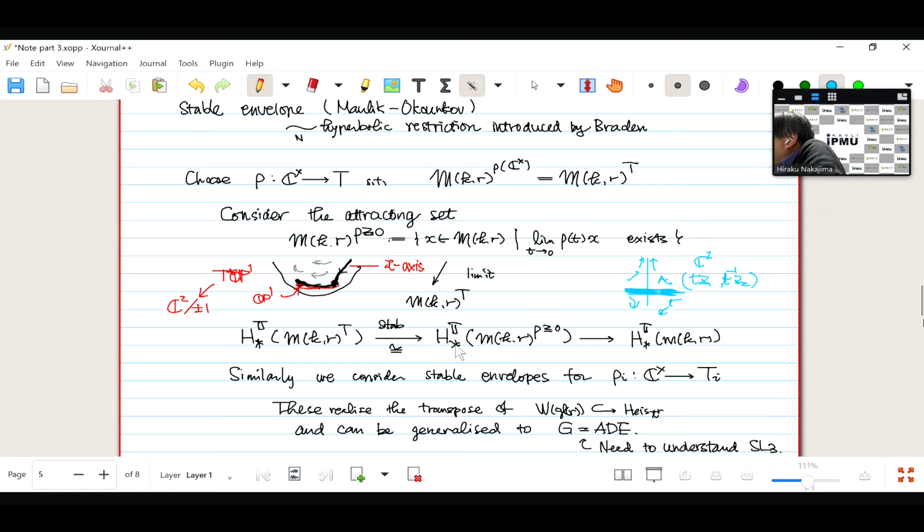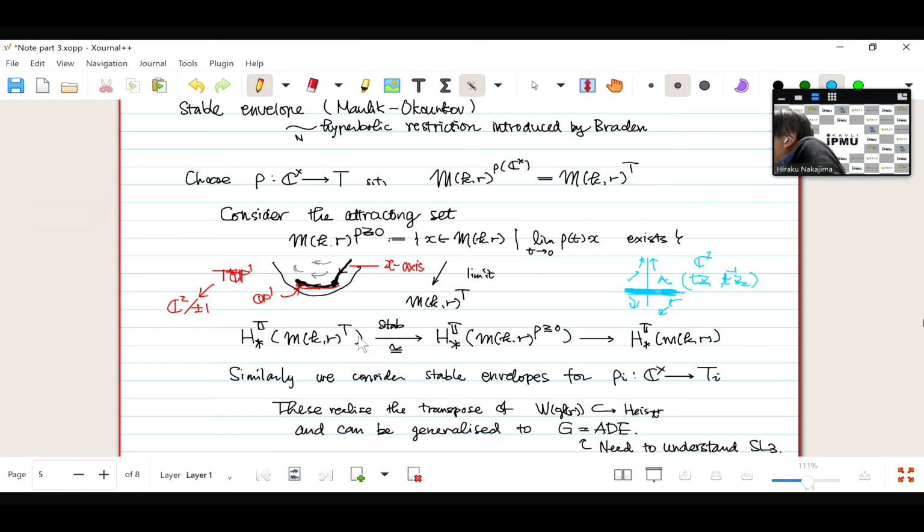So anyway, these are the two isomorphisms, and we further compose with a map to the whole space. The left side corresponds to the Heisenberg algebra, and this should be the double algebra. So it goes in the opposite way. We want to realize the double algebra as a subalgebra of the Heisenberg.